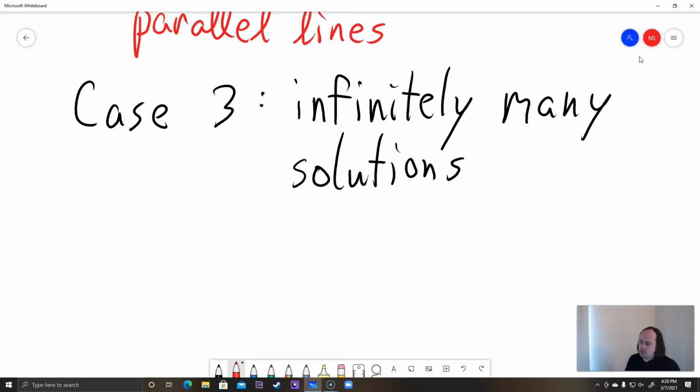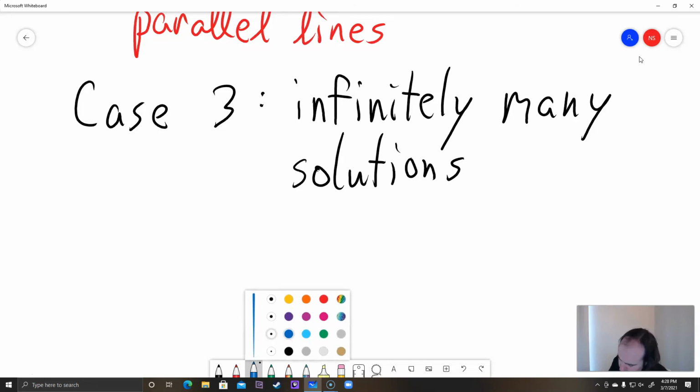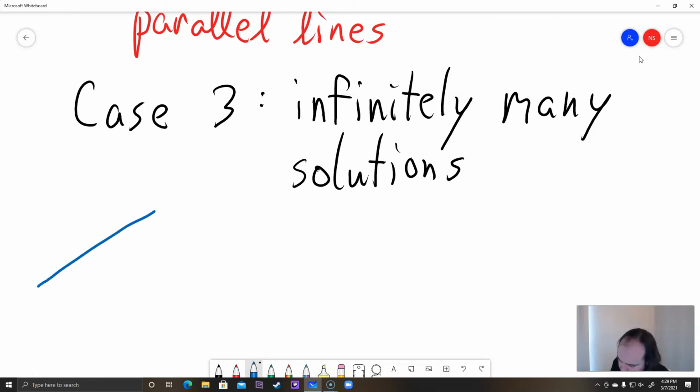Okay, so what's that going to look like? Well, if I do the first line in blue and the second line in green, you might have two diagonal lines, but they're basically the same line. Okay, they're right on top of each other. It's kind of hard to draw, but I'm trying to draw two lines right on top of each other so you can see both of them.